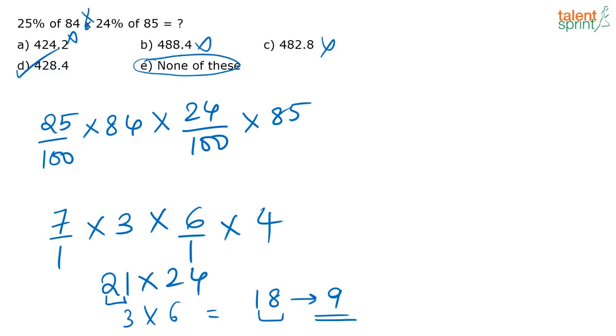But I hope none of these does not come there, because if none of these is there, then you will have to check for the exact value, more or less, then only you will get the correct answer. But otherwise, since all the other options are not correct, we can directly take it as 428.4 if you are doing digital root method and none of these is not there. But if none of these is there, then we will have to check the proper way only.